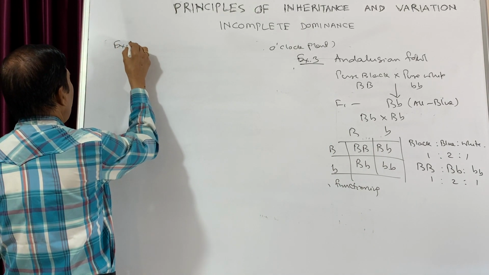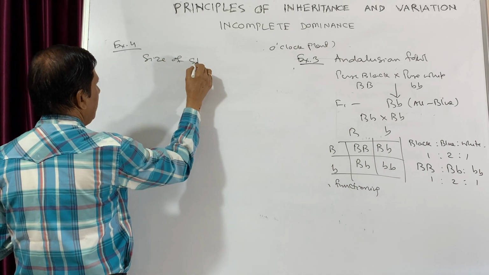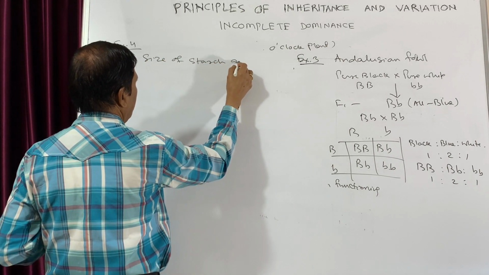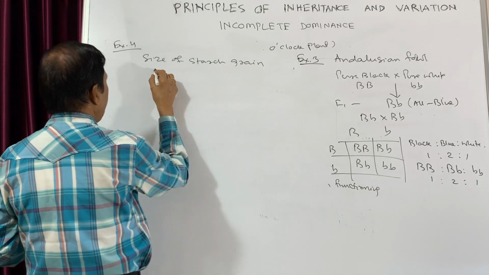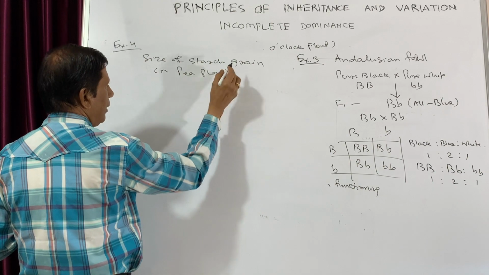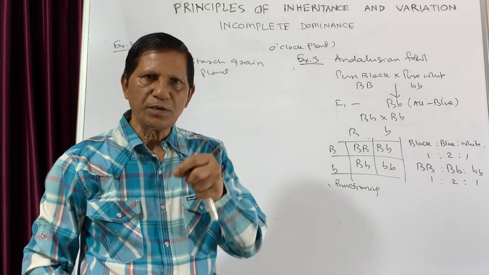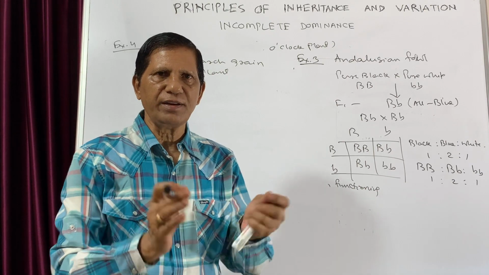Example number 4: the size of starch grain in pea plant. Here, as I already told you, a single gene produces a product which has different effects.